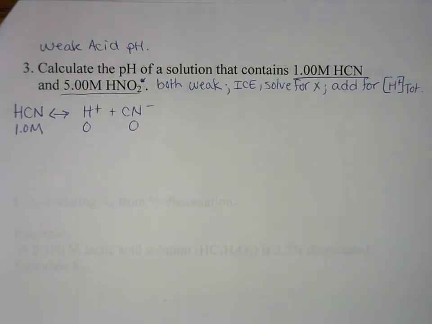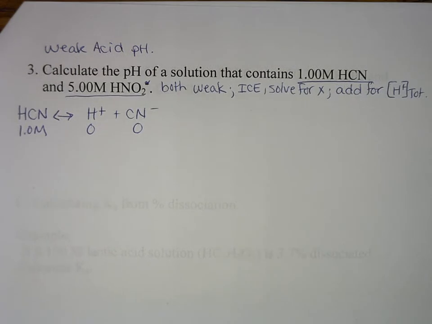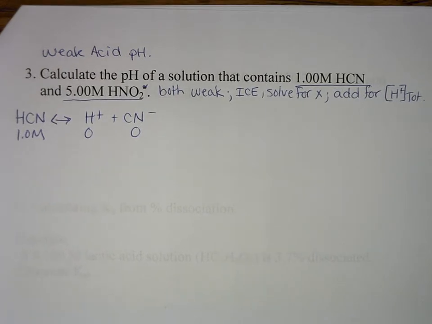Not if they're both weak. If they're both weak, then you have to take into consideration both of them together. When you have one strong and one weak, then the strong one overpowers the weak one. That's the next example I'm going to do. And so you just take into consideration that one. But when they're both weak, you need to do hydrogen ion concentration of both.